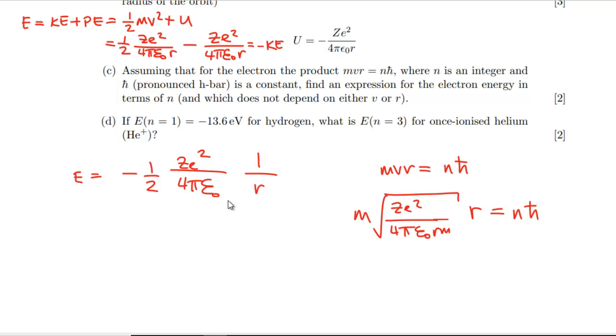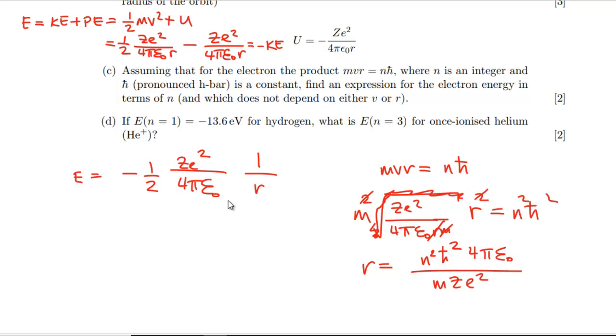Let's square it. It's going to be so much easier if this was squared, wouldn't it? Because then that will cancel with that, and that will cancel with that. And we're going to have that r is equal to n squared h bar squared 4 pi epsilon 0 divided by m Ze squared.